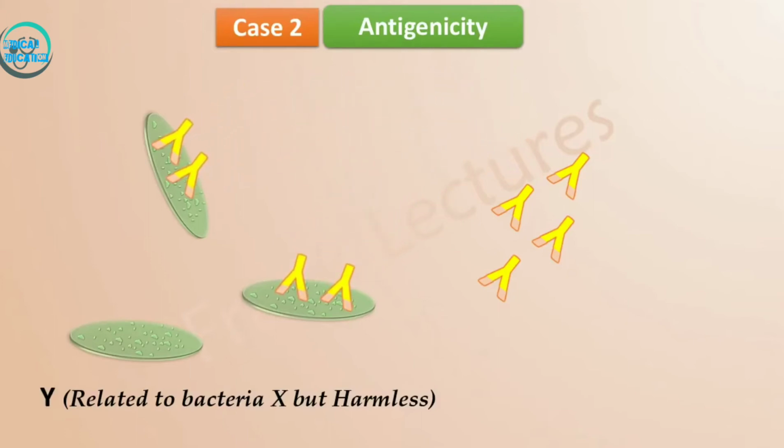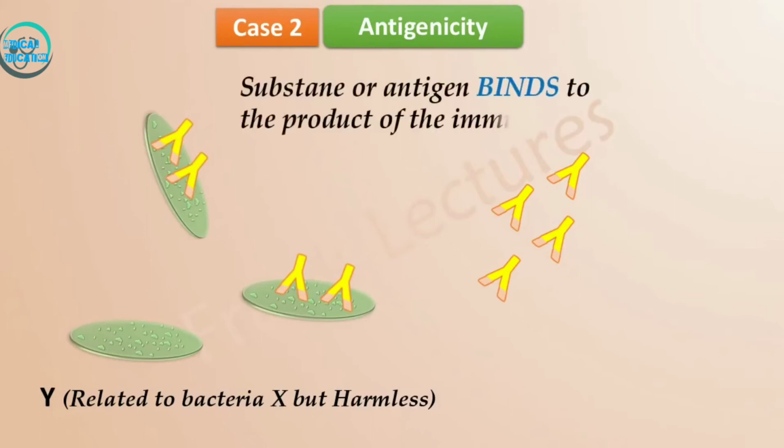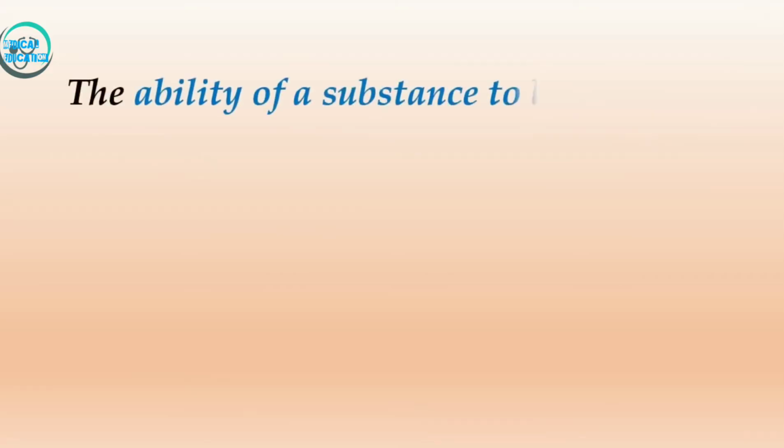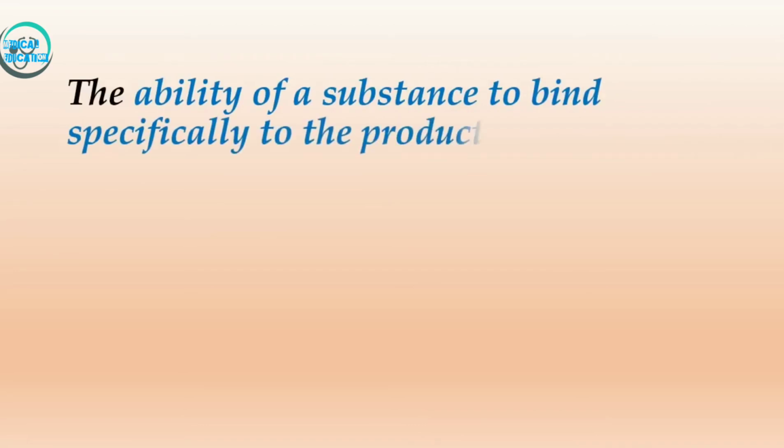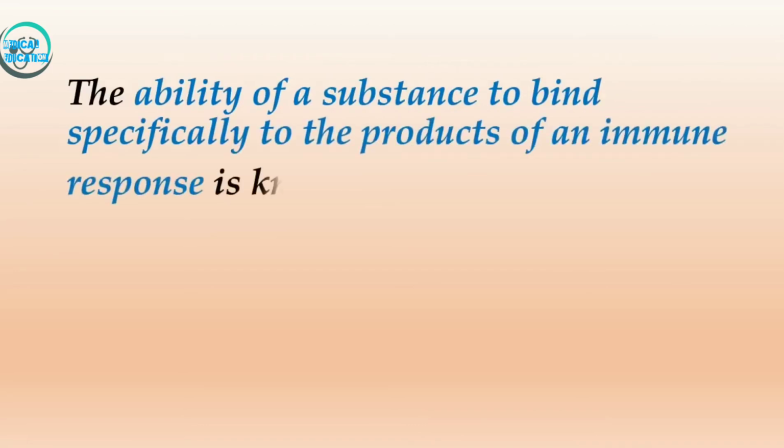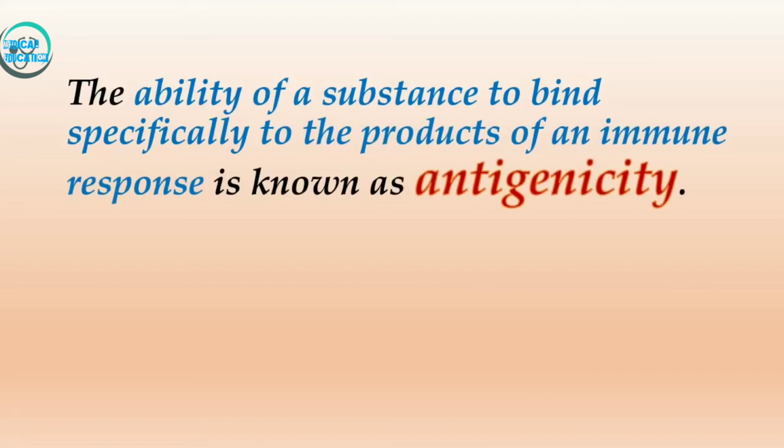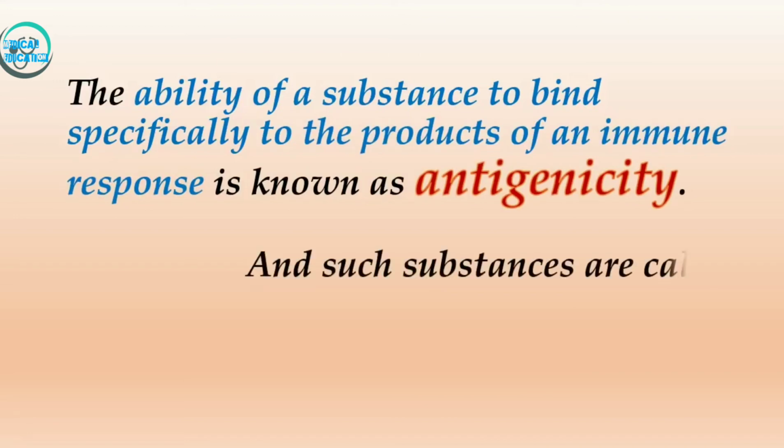Here, note that the bacteria does not induce an immune response, it just binds to product of an immune response, that is antibodies. So, the ability of a substance to bind specifically to the products of an immune response is known as antigenicity. And such substances are called antigenic.